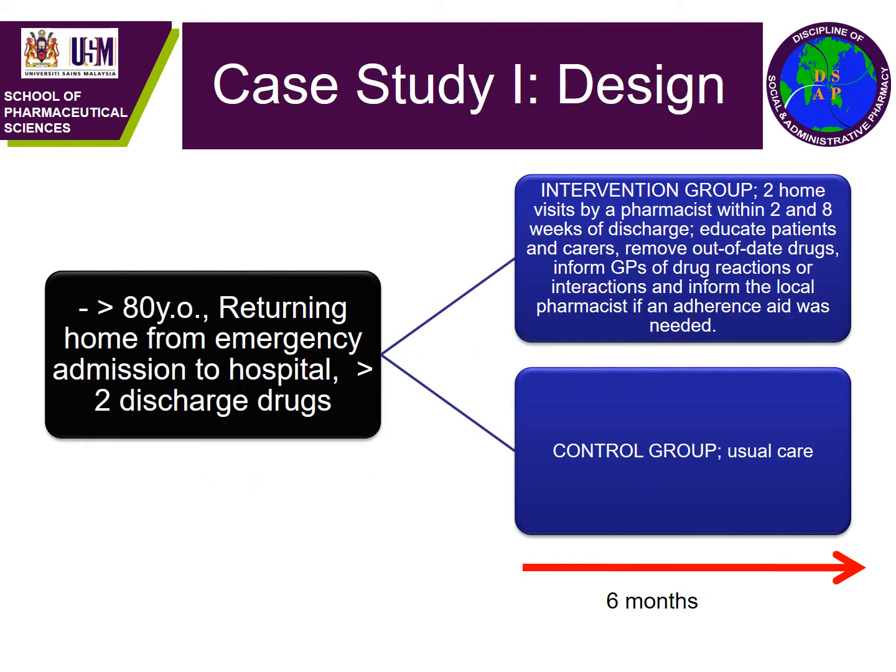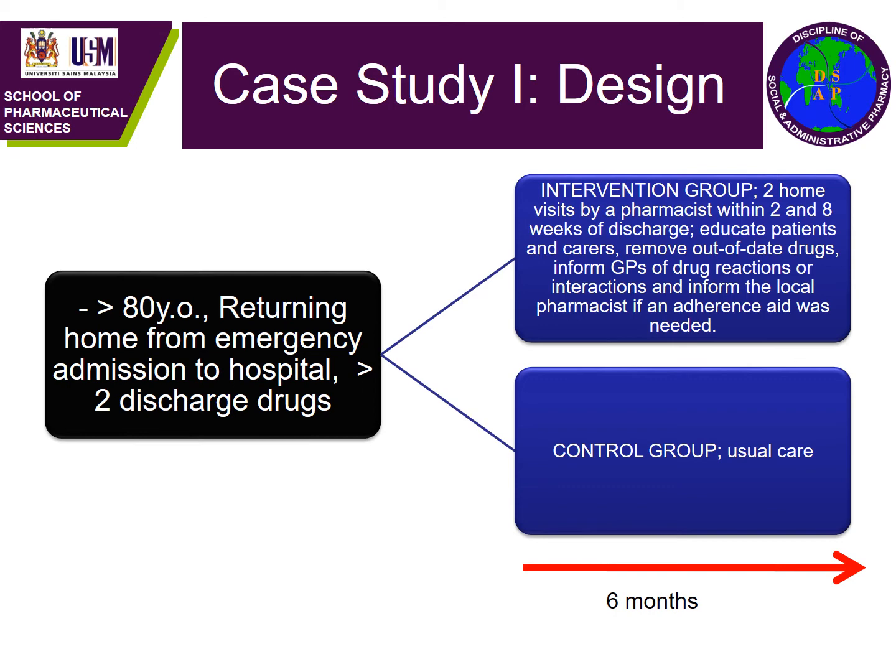Home-based medication review is a service by a pharmacist, where they visit the high-risk group to review the medication that they take at home and advise them on any potential pharmaceutical problem that they would have with the medicine.